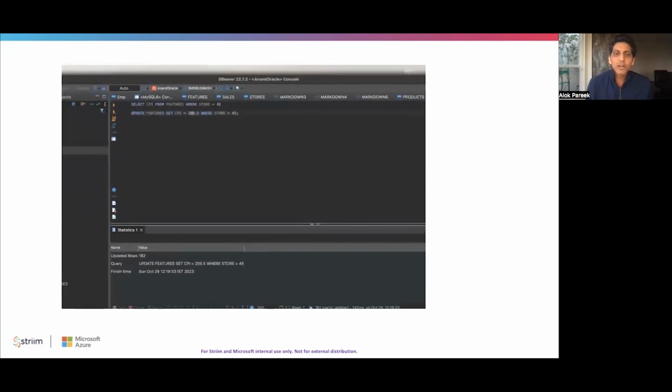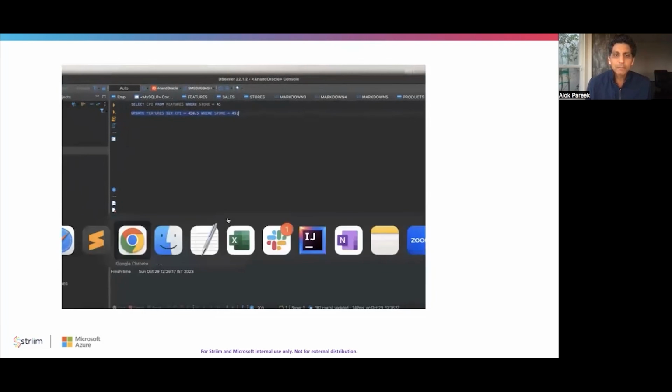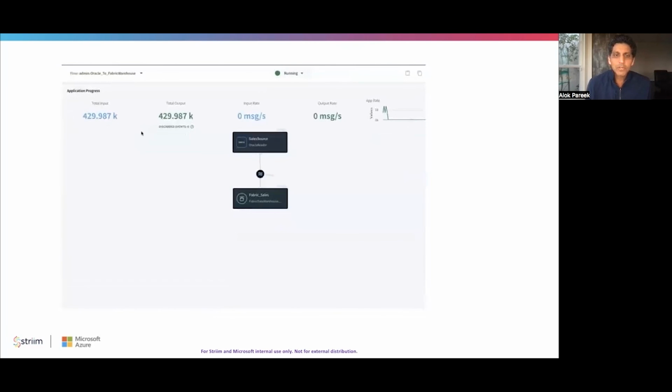Now if I go ahead and update that value, this is a simple update on the Oracle side. Once we update that, it's going to come in, and I'm going to wait for it to catch up. Now you can see that it added new events on the input side. I'll wait till the output side also catches up.